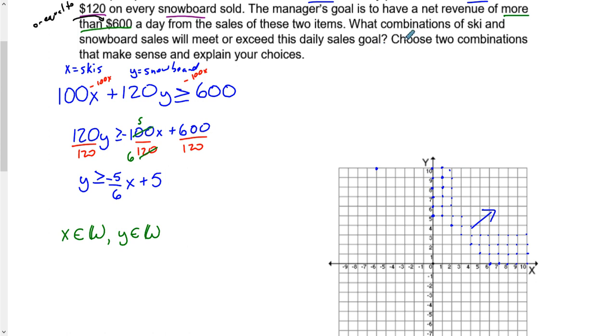Now we can choose two combinations that actually make sense, with a revenue that is meeting or exceeding the $600. It will be like that. I could have 2 skis and 6 snowboards. Why?